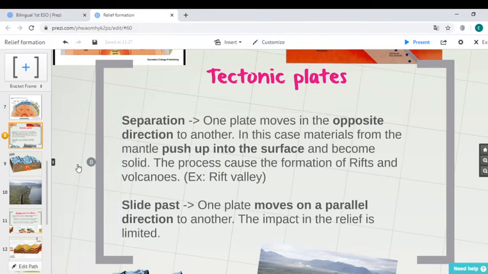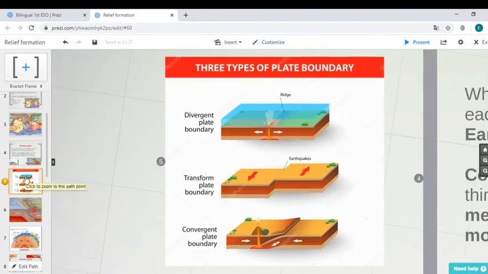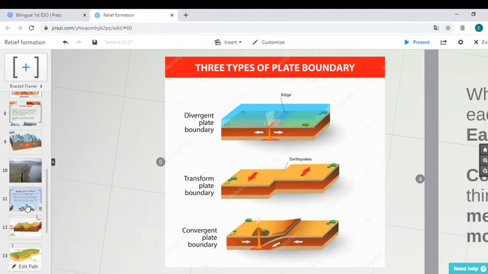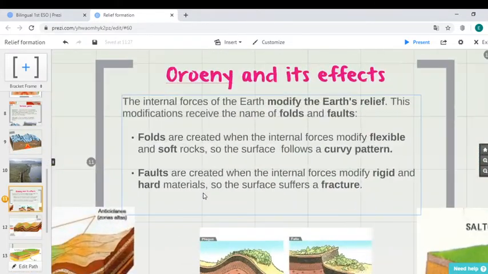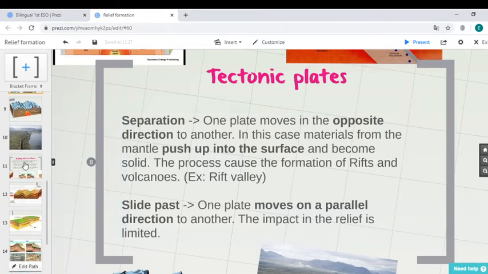As I said, one plate moves in a parallel direction to the other. Again, example number B. As I said, the impact on the relief is reduced, is limited, even though the slide past movement can cause other geographical phenomena such as earthquakes.